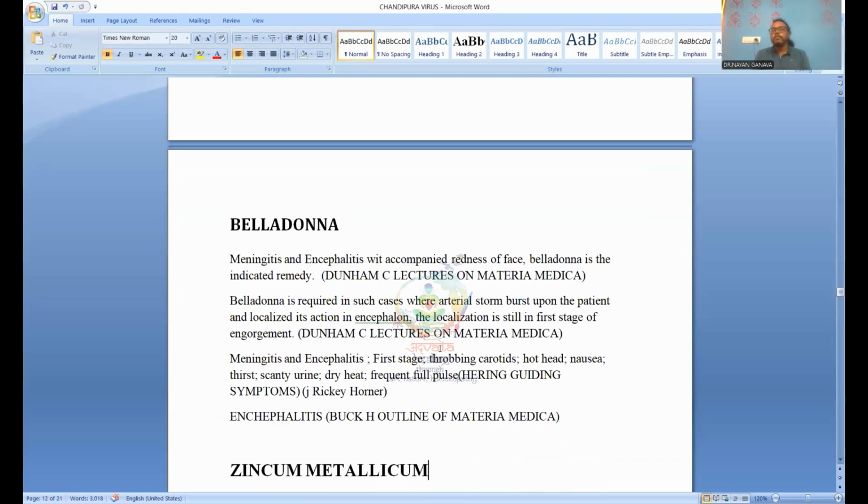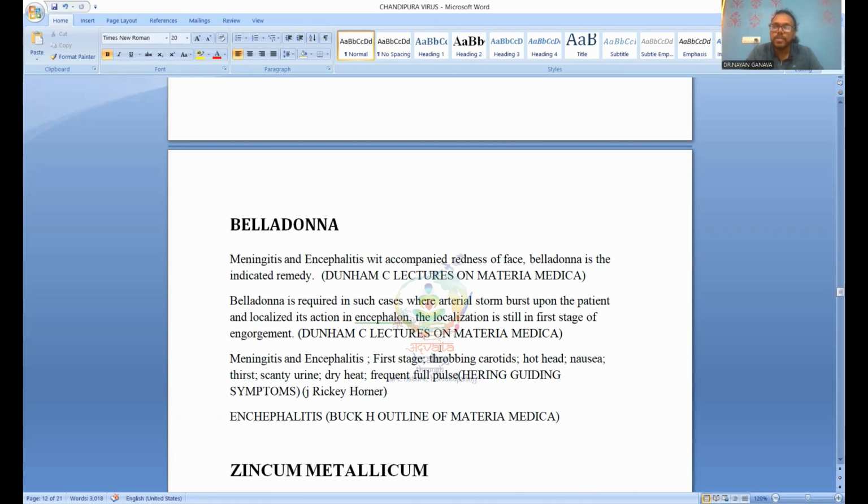Now if we see regarding Belladonna in our materia medica, Dunham C. is the author of the book Lectures on Materia Medica. He has written: meningitis and encephalitis accompanied with redness of face, Belladonna is the indicated remedy. He also wrote Belladonna is required in such cases where an arterial storm bursts upon the patient and localizes its action in the encephalon.